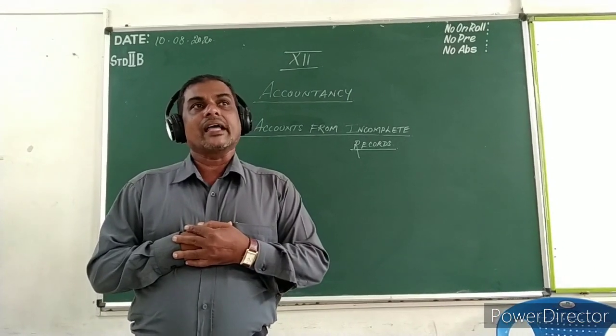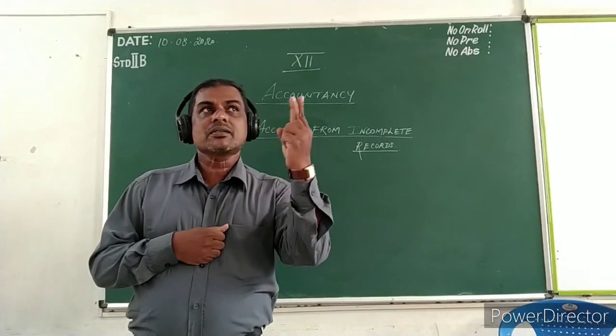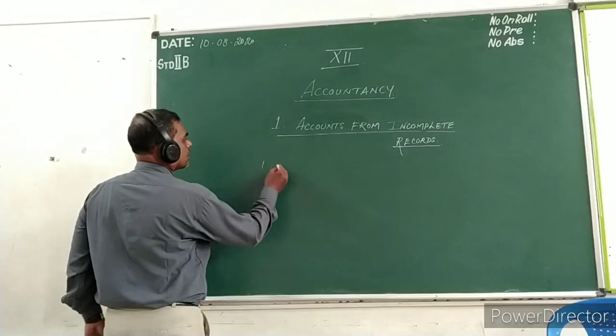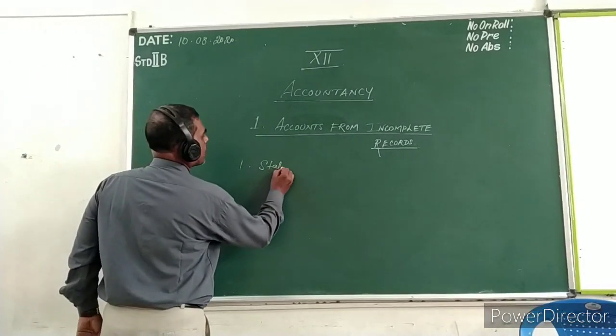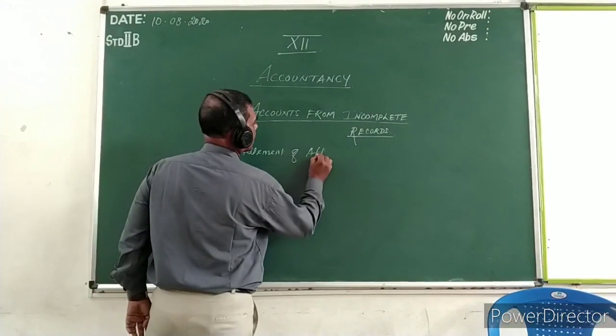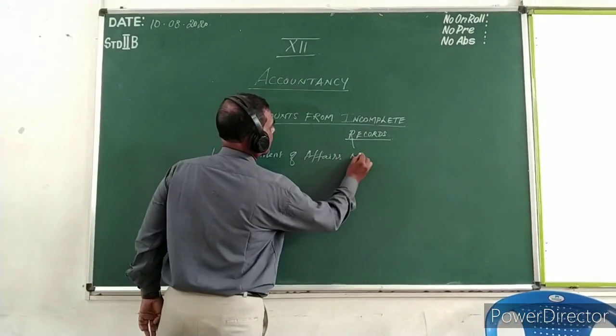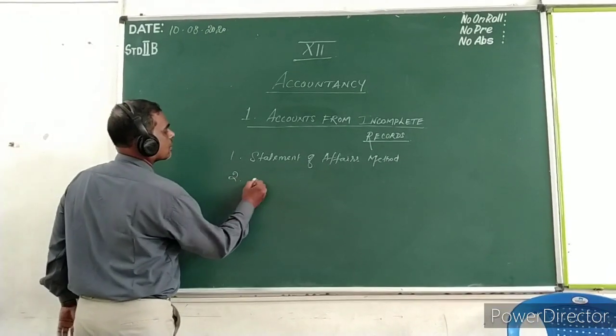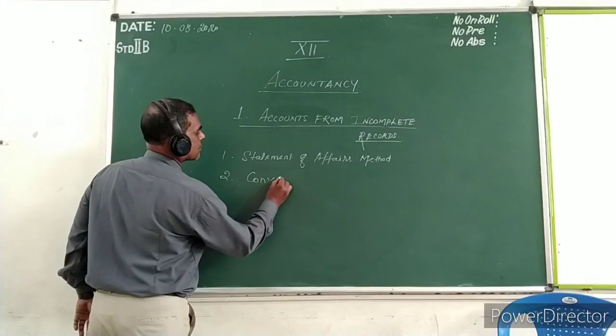How? For that, they have to follow two systems to know the profit or loss. System number 1: statement of affairs method. And another one is conversion method.